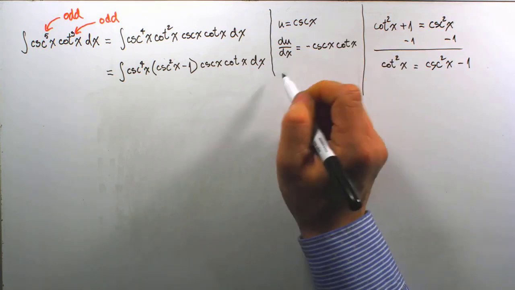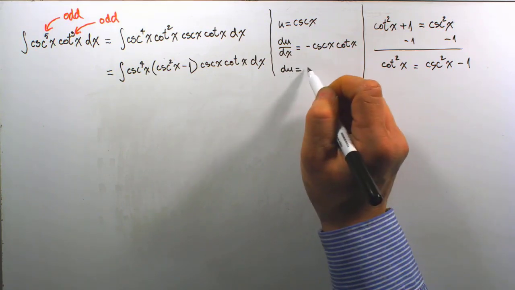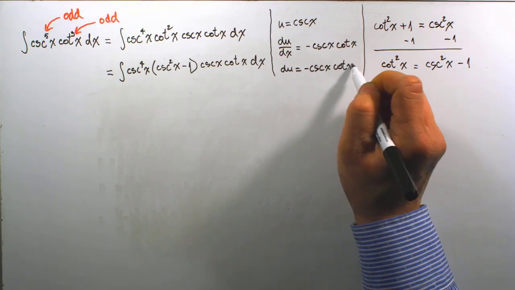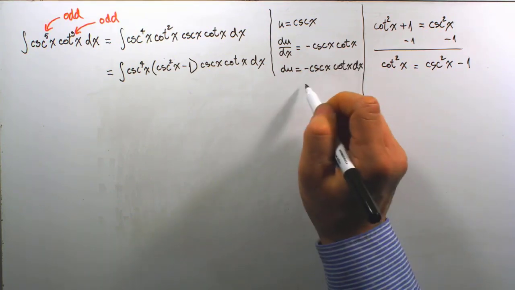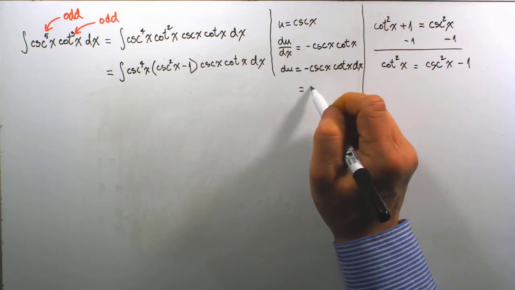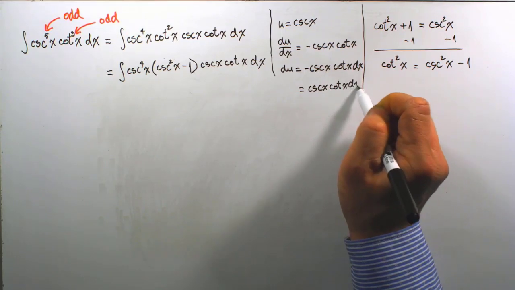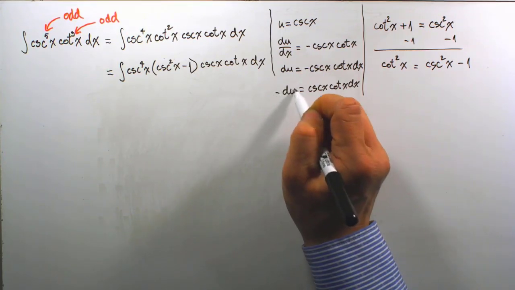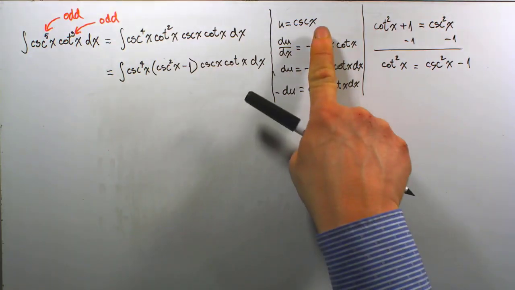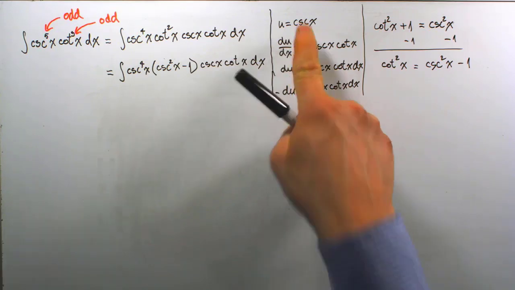Rearranging the differentials gives du equals minus cosecant of x times cotangent of x dx. Dividing both sides by the negative sign, cosecant of x cotangent of x dx will equal minus du. These are the consequences of letting u equal cosecant of x.